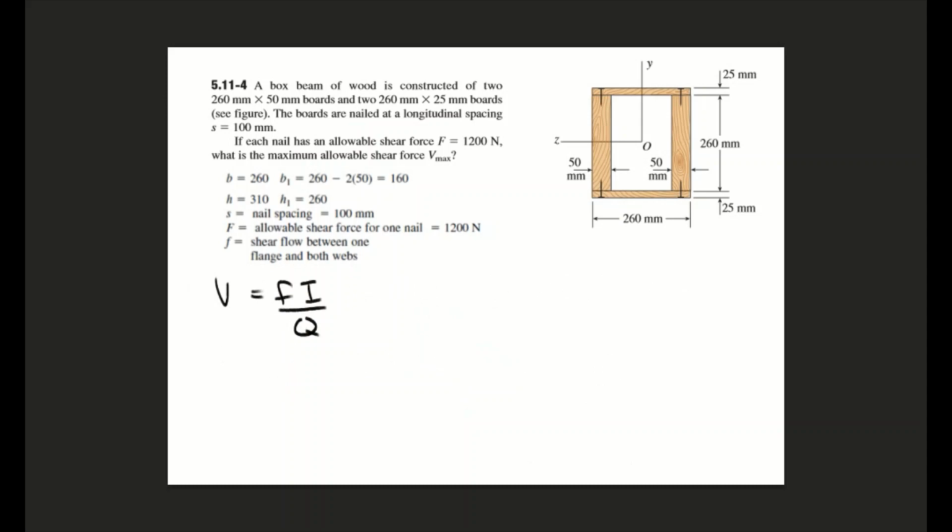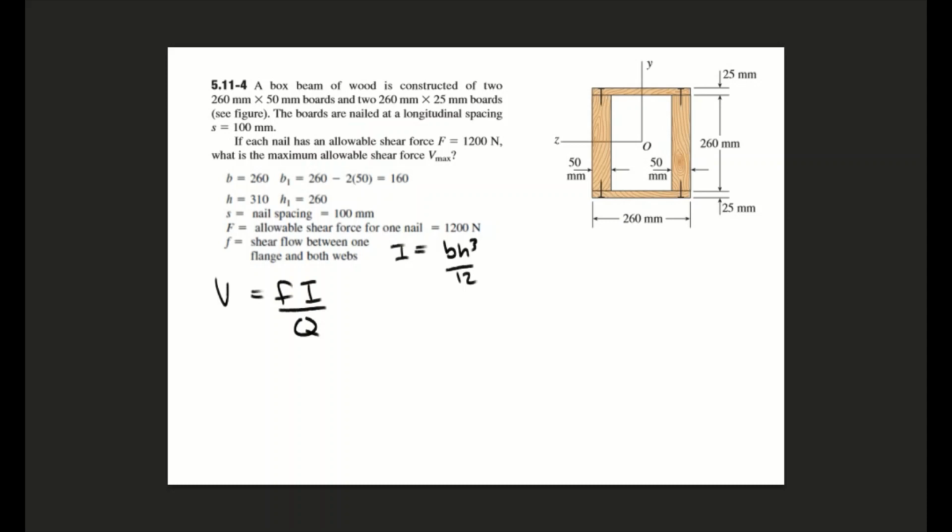We have that shear equation, and we know how to solve for Q. Now the only thing is we have to look at I, remembering that I is just equal to base times height cubed over 12, and we're looking at this whole structure for our inertia.